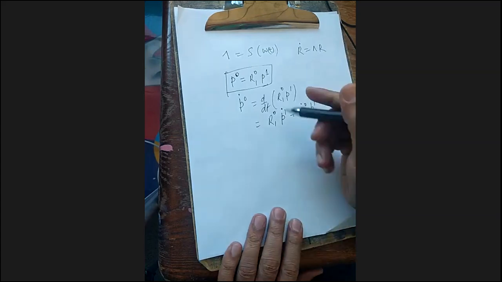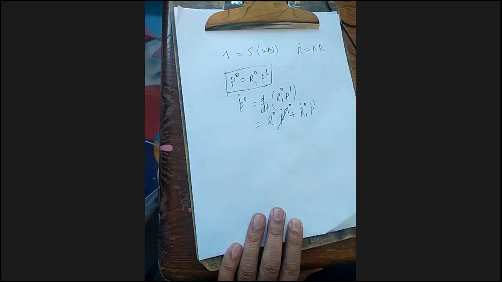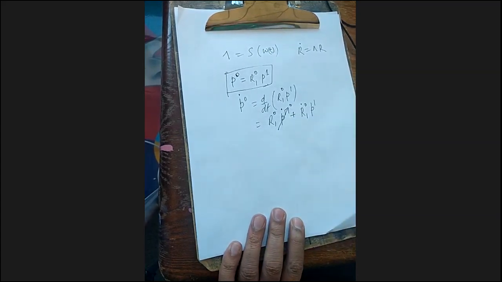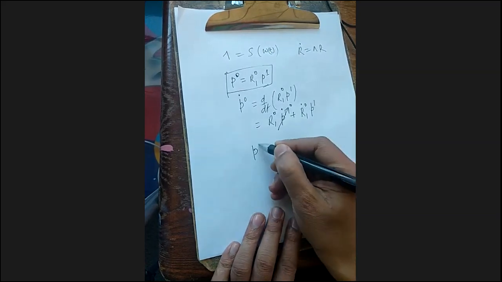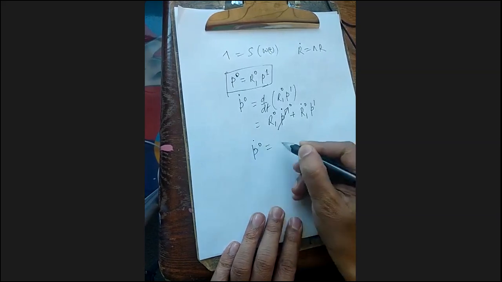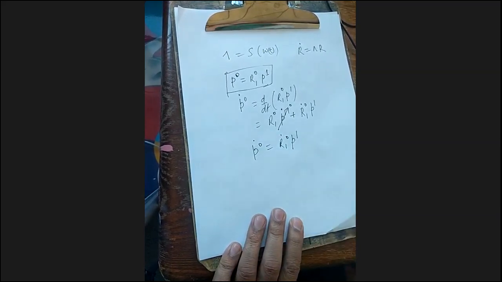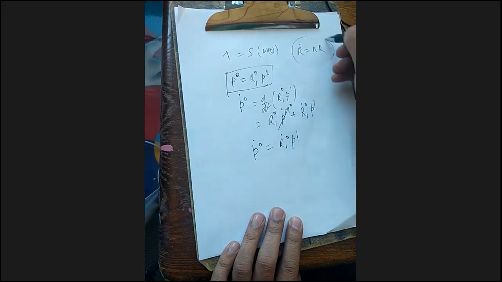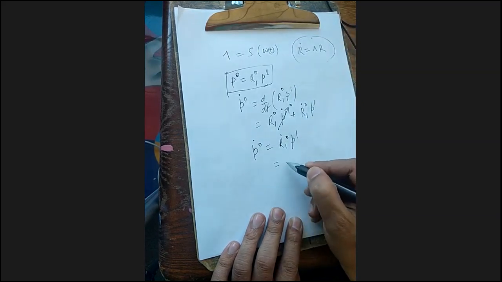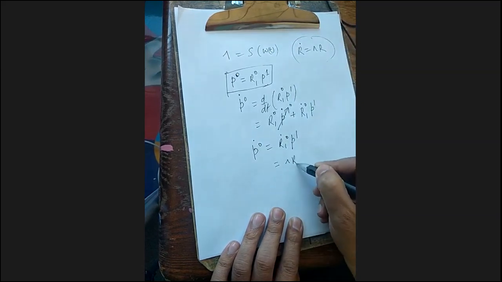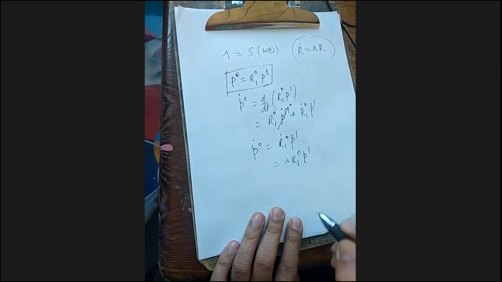That's why this P1 dot is 0. So that's why your P0 dot equals R10 dot P1, which is just lambda R. Exactly. This guy is lambda R. And then do we plug in lambda after the omega T?